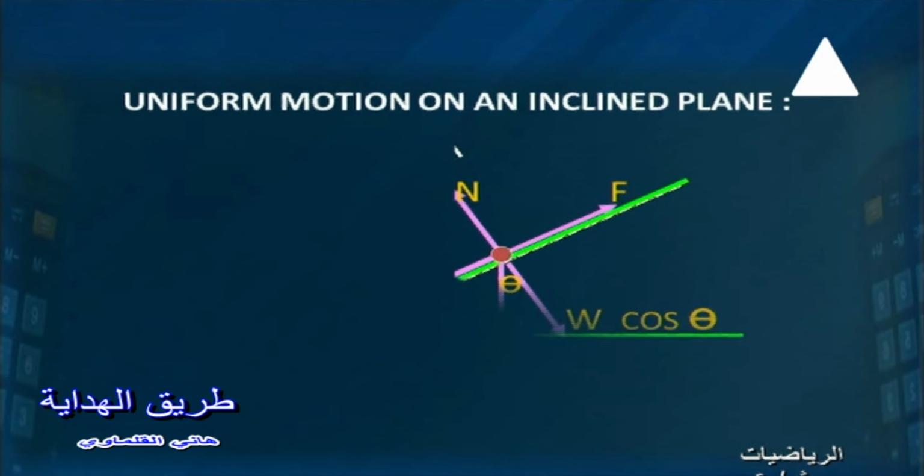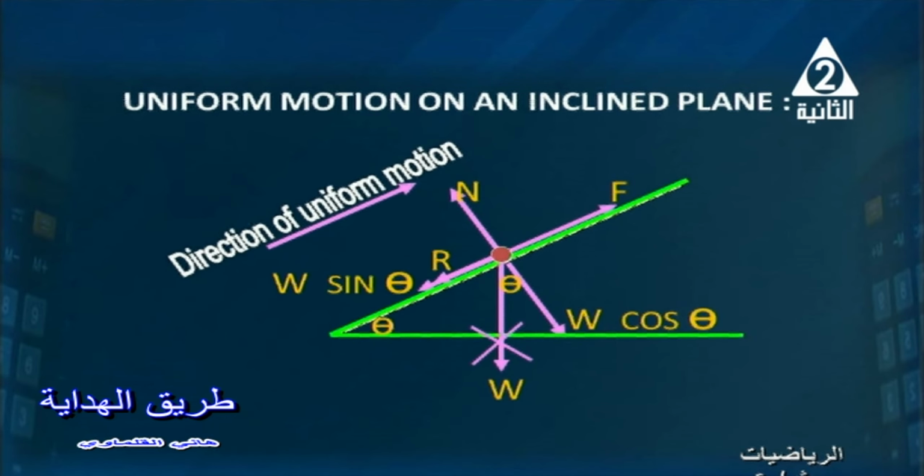What about the inclined plane? Uniform motion on an inclined plane. We have a body of weight W that moves on an inclined plane, inclined to the horizontal by an angle of measure theta.